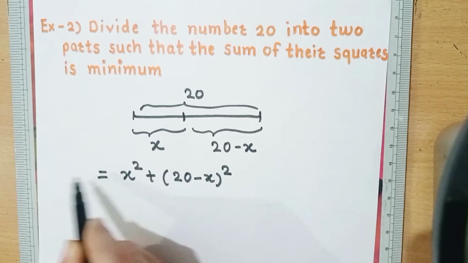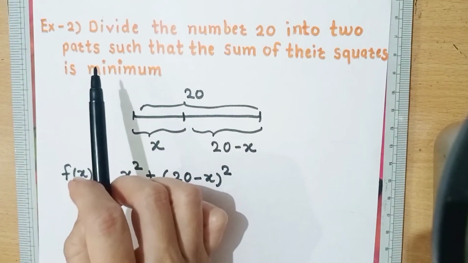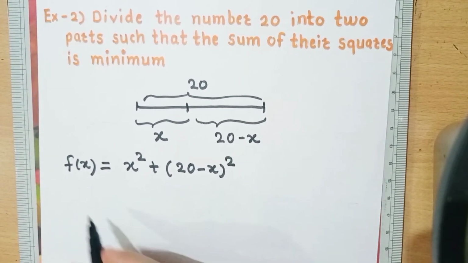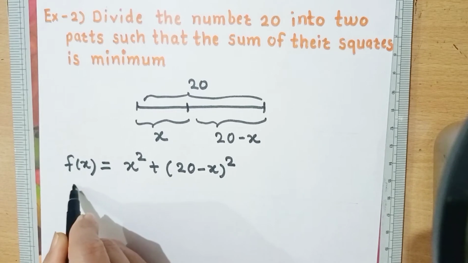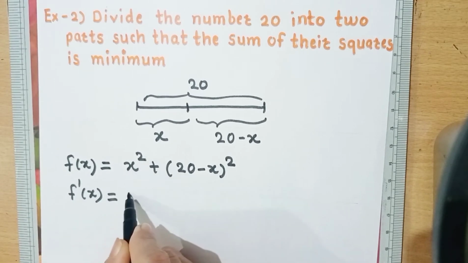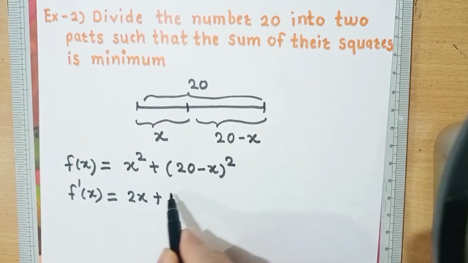So we will assume this as a function of x, and here we are given that it is minimum, that means its second derivative is greater than 0. Now we will use the second derivative test. So first differentiate. So f dash of x is equal to 2x, and here use the f of x raised to n formula.